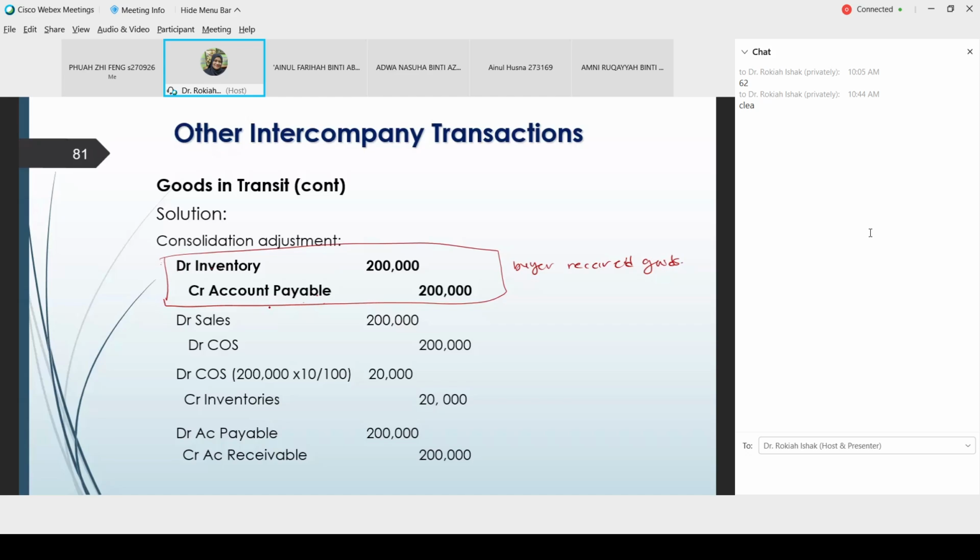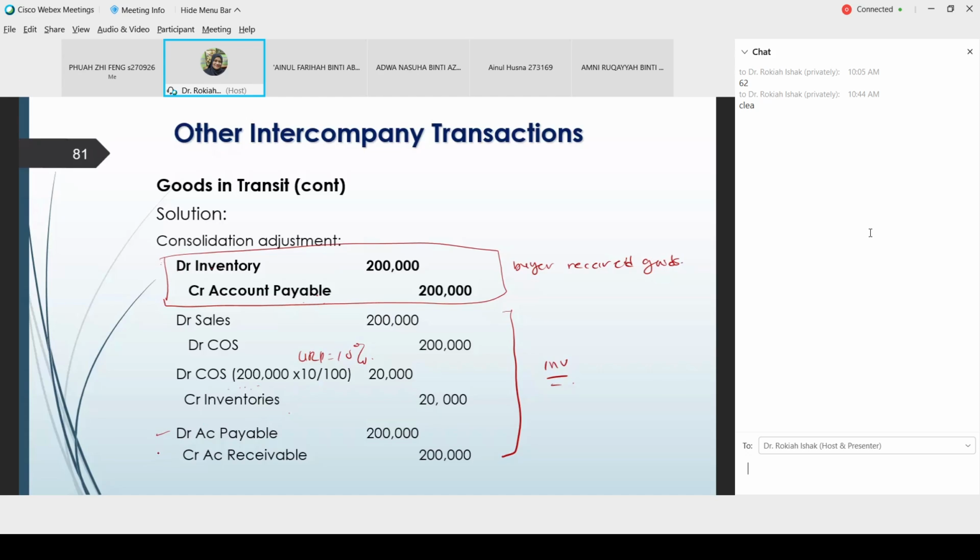The rest of the journal entry is the same as the one you have for inventory. So you're going to debit the sales and then credit COS. The sales that we have here is 200. From that 200 there is an element of URP of 10%. So debit COS and then credit inventory 20,000 because of that 10% here.